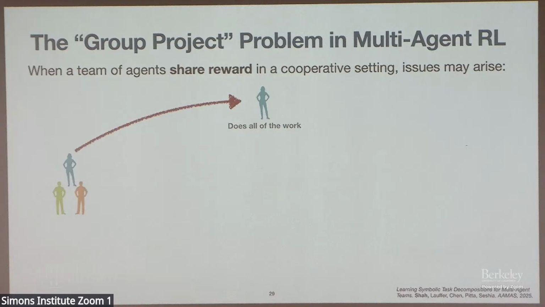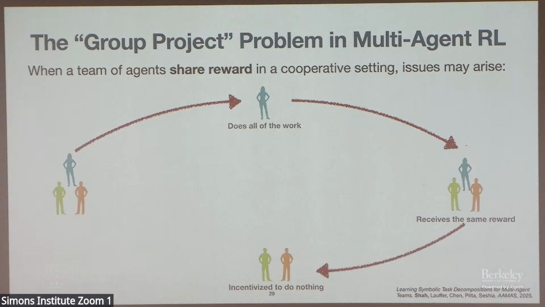Let's say one agent does all the work. Maybe you're the agent doing all the work. The problem is, even if you get all the work done, everyone gets the same reward. If you were in school and you carried the team to a good grade, everyone gets the same grade. As a result, the agents who did nothing are incentivized to continue doing nothing, because they got reward for what they did, which is nothing.